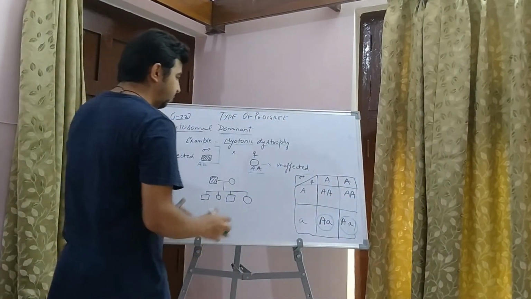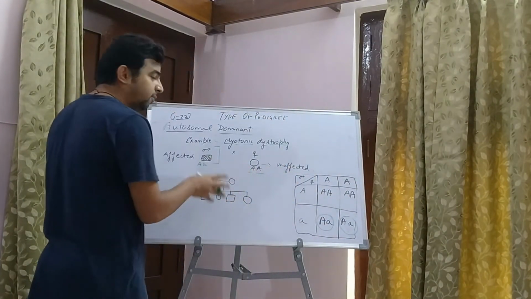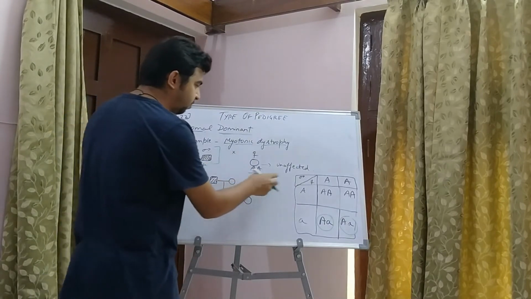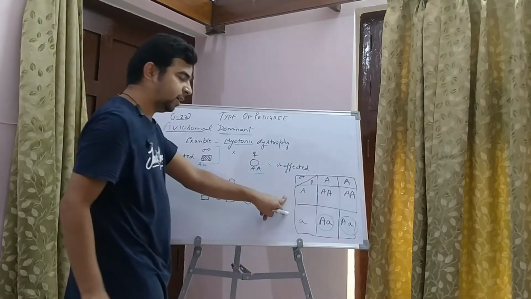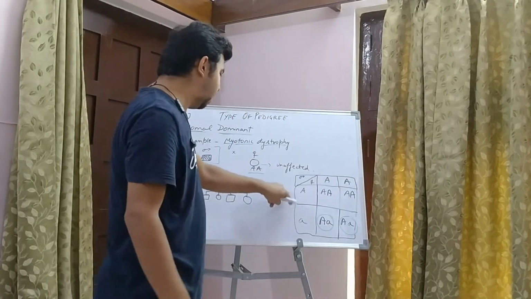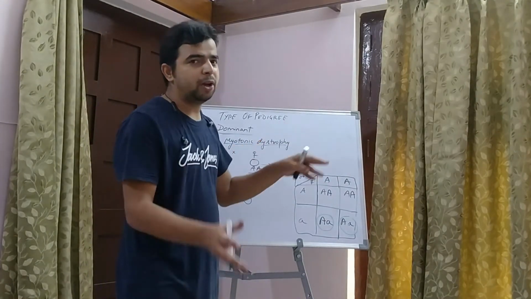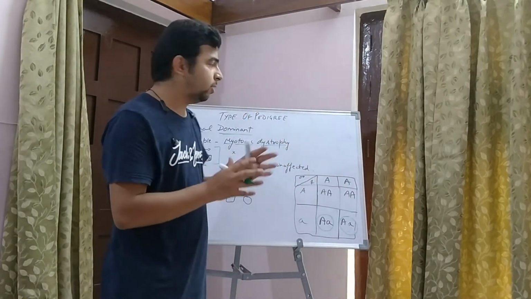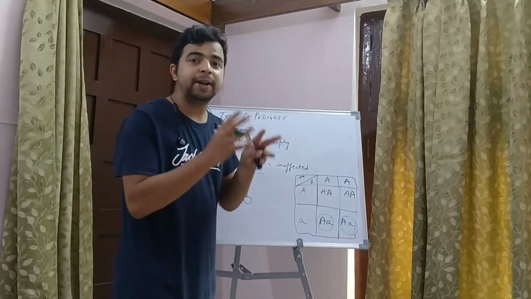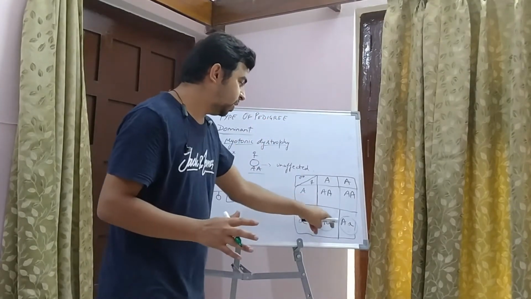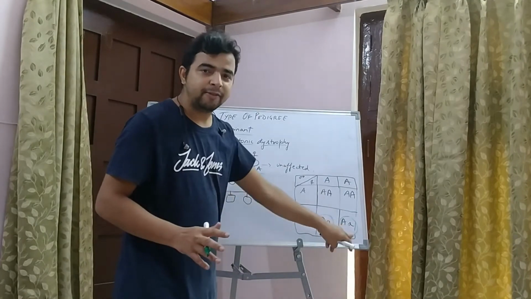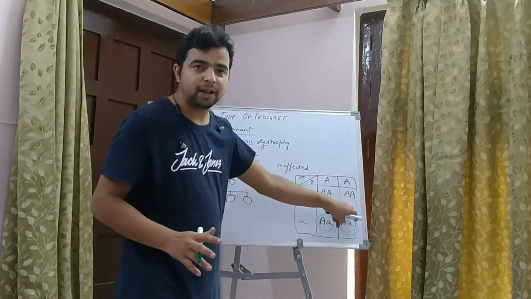So when either parent, male or female, is heterozygous and affected with myotonic dystrophy or any disorder coming under a dominant trait, the progeny are half affected and half unaffected.